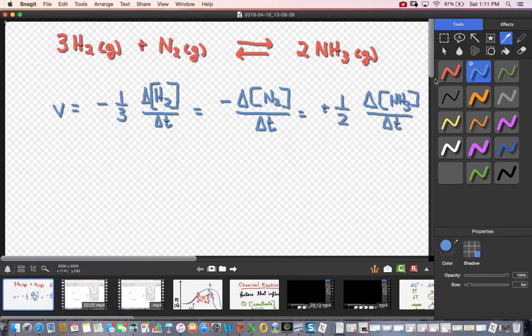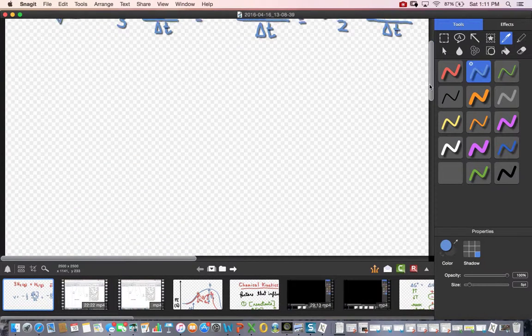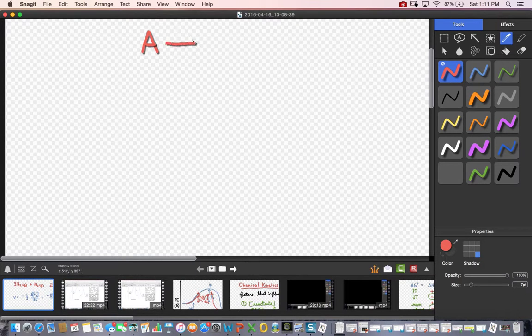So let's look at a simpler process where I'm simply converting A to B. The rate of the reaction is equal to the negative derivative of A with respect to time.